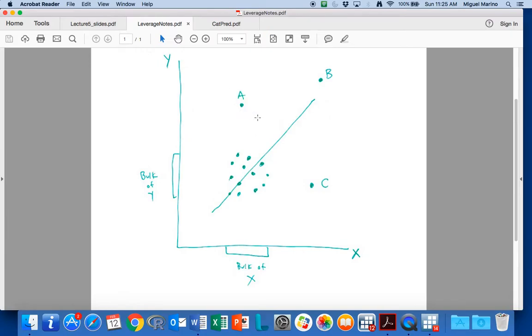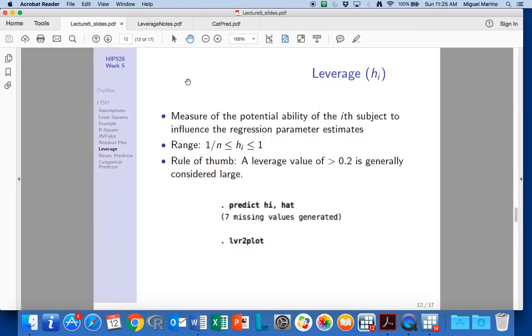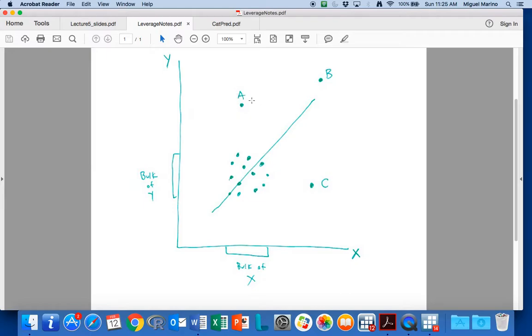This value should denote how much influence it has. Again, it's a measure of the potential ability of the i-th subject to influence the regression parameter estimate. So what's the influence of this data point on the slope here?